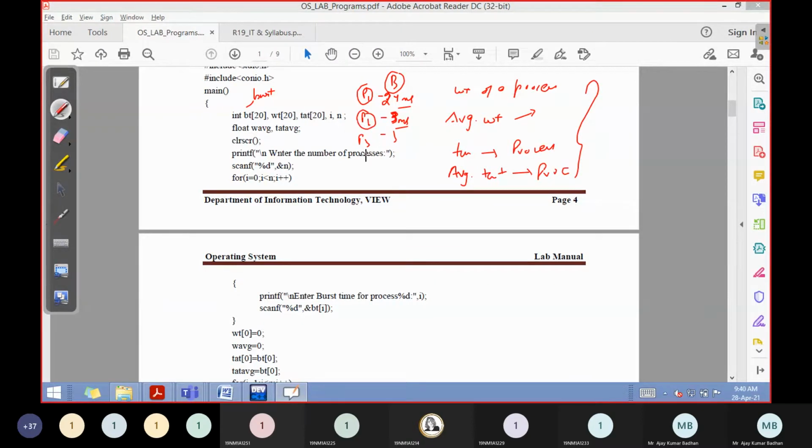P3 is also executing for 3 milliseconds, so the process P3 is going to occupy 3 milliseconds of CPU for completing its task. That is what we call burst time.